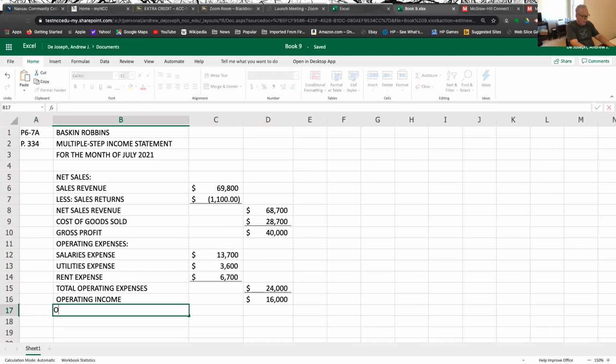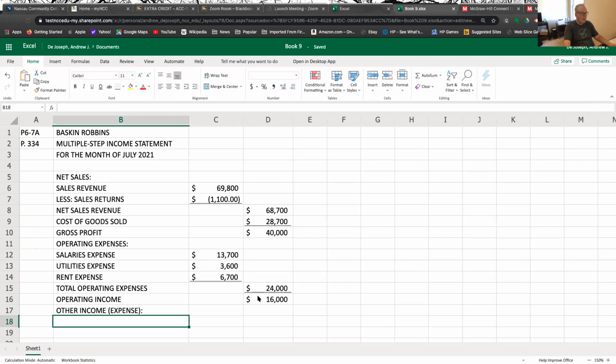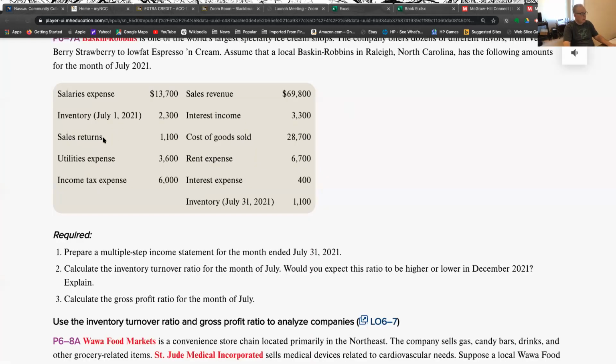But then we have other income or expense. So did we have anything else, right? If you go back to the problem, they had some interest income and they had some interest expense. Means they had to borrow money.